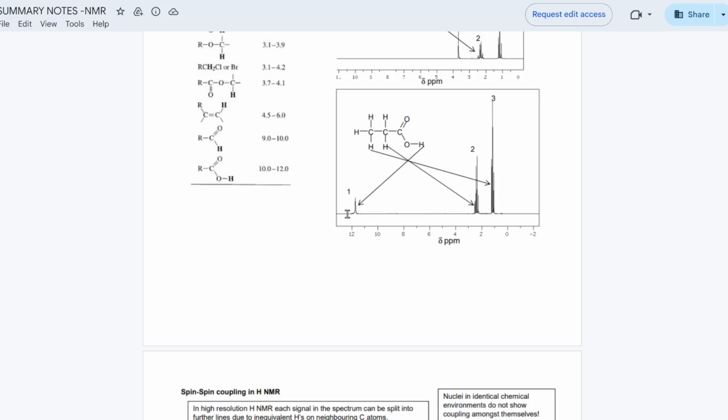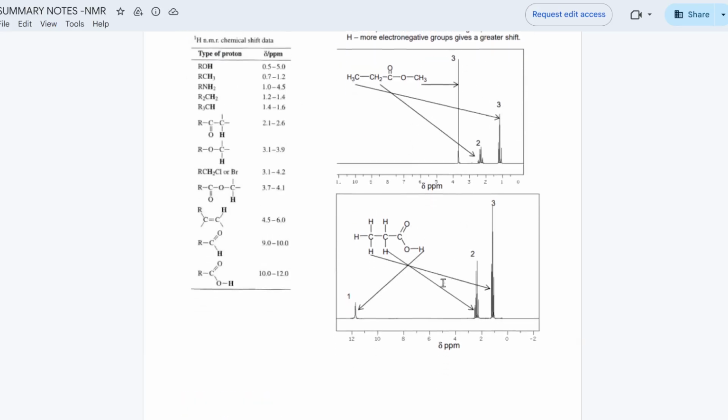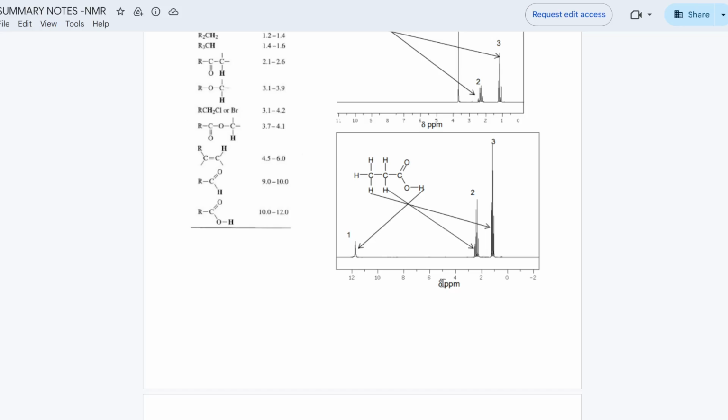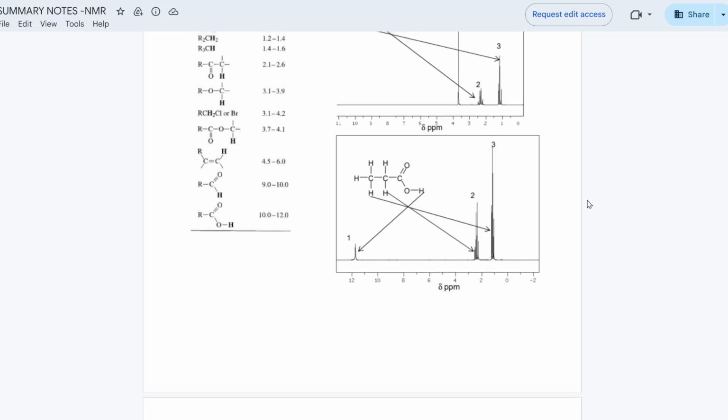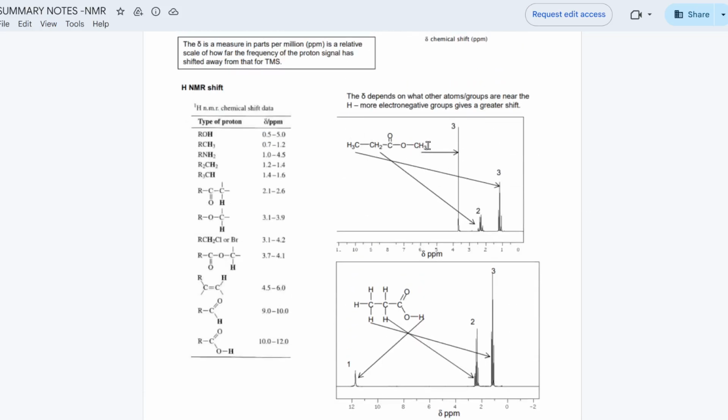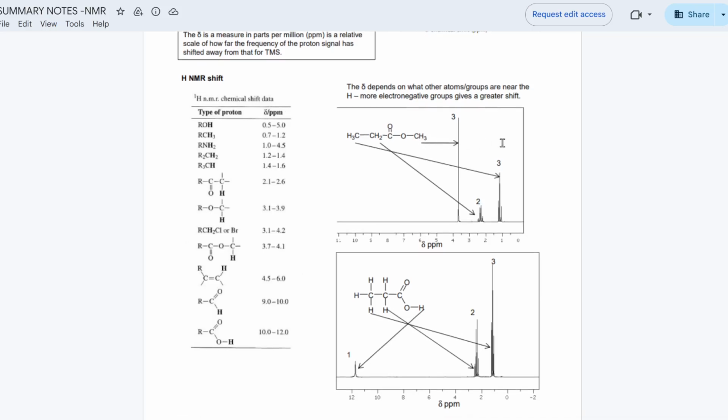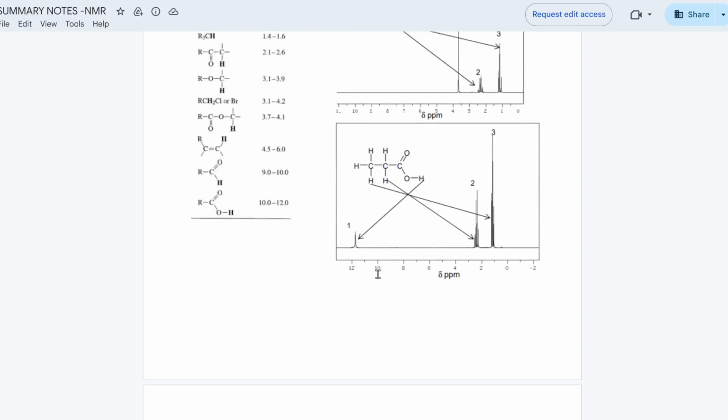So this hydrogen is very high, all the way up at 12. That's because it's directly bonded to an oxygen. That makes complete sense, because instead of being bonded to a carbon and an oxygen, which is the leftmost one here, it's directly bonded to the oxygen itself, and that oxygen is bonded to a carbon, which is bonded to another oxygen.